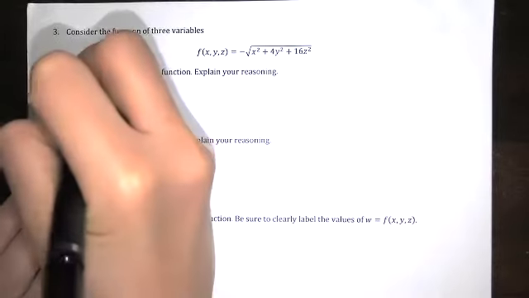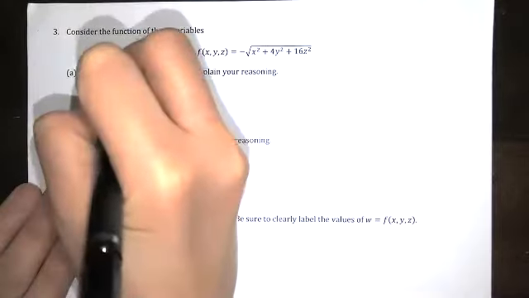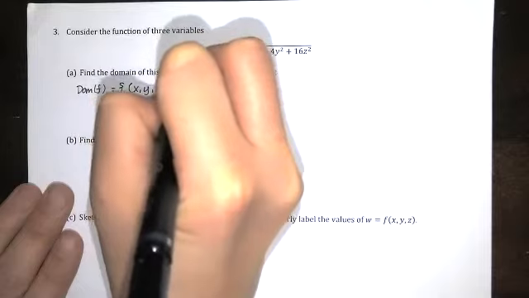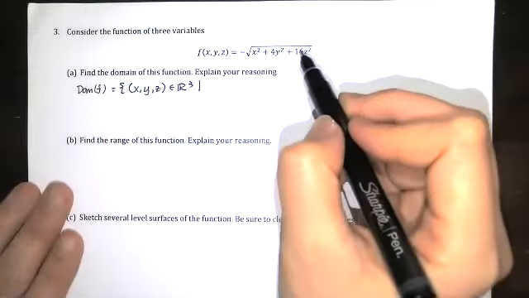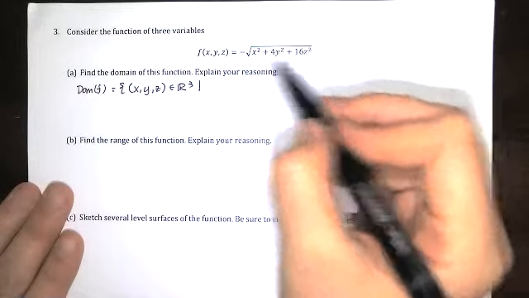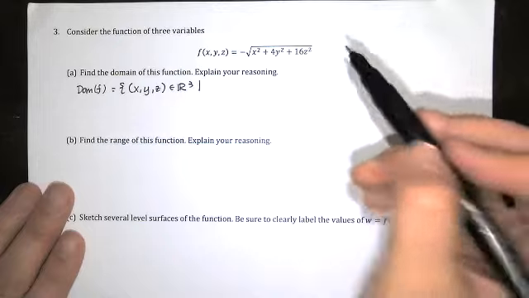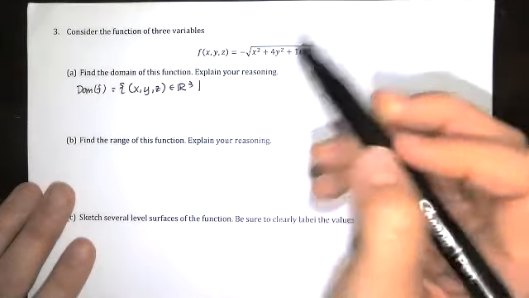So the domain of F is going to be the set of all x, y, z in 3-dimensional space such that, well, I can't divide by 0, there's no division, so I don't have to worry about that. I can't take the logarithm of a negative number or 0, there are no logs, so I don't have to worry about that. But I do have a radical.